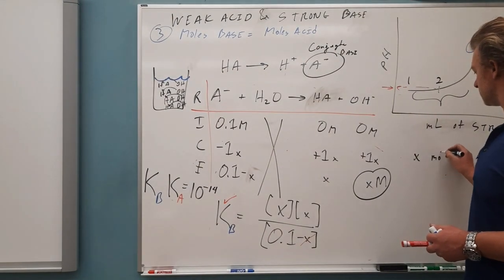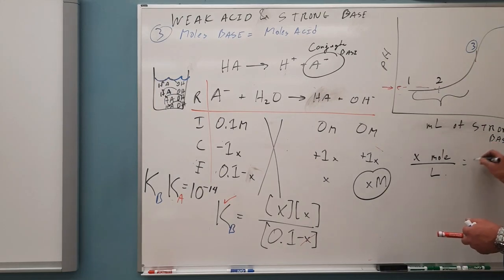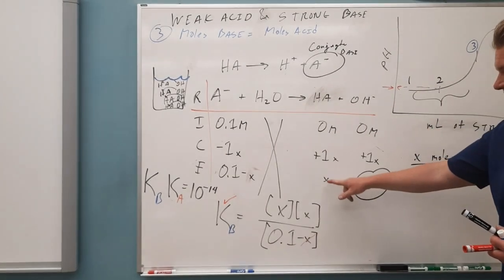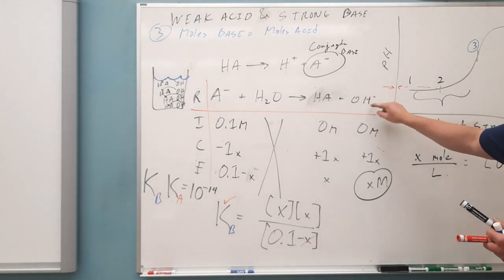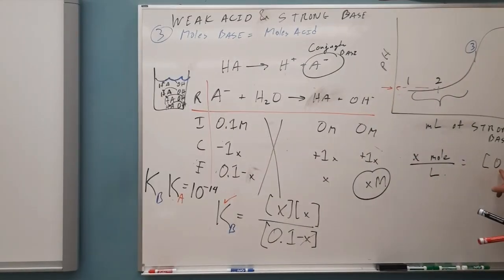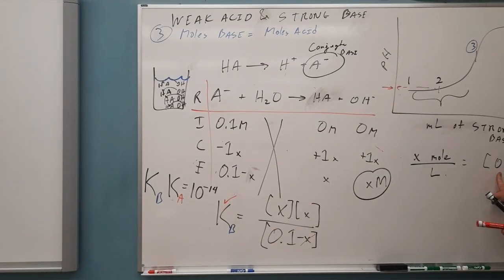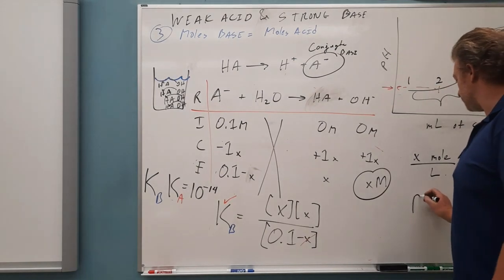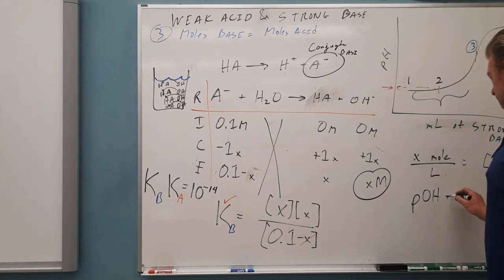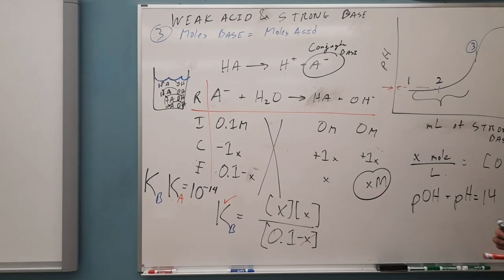X is the moles per liter of our base OH minus. It's also the same value of this one right here, but this is the one we're focused on. OH is not pH. We're trying to find pH right here. We have a second relationship that pOH plus pH equals 14.